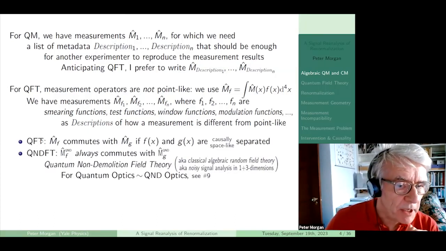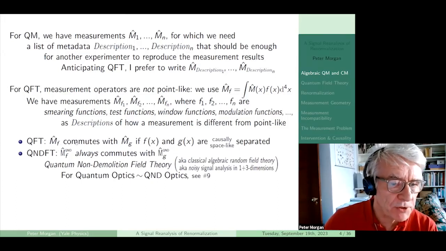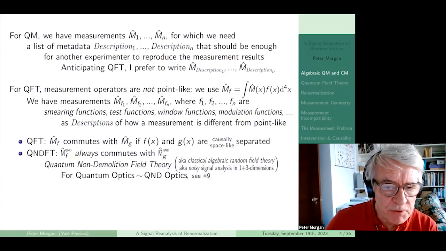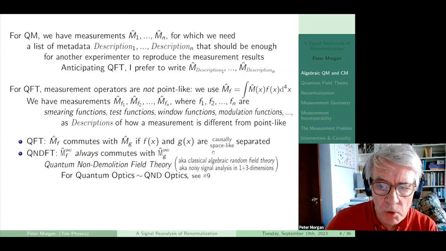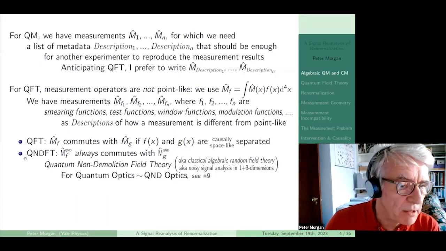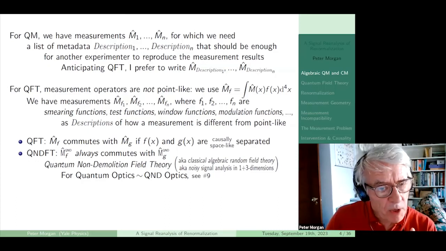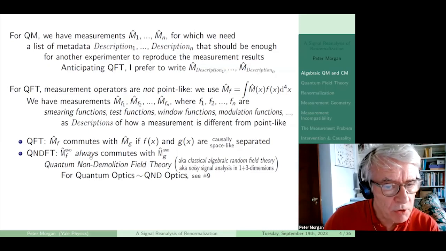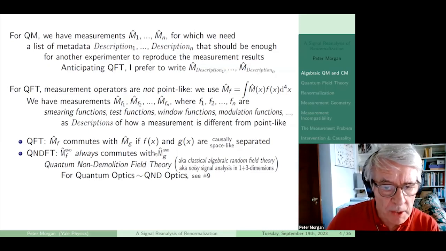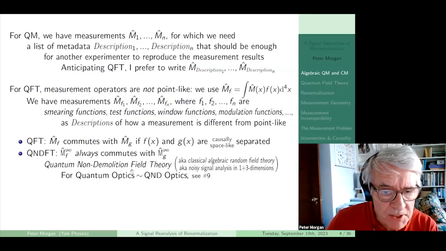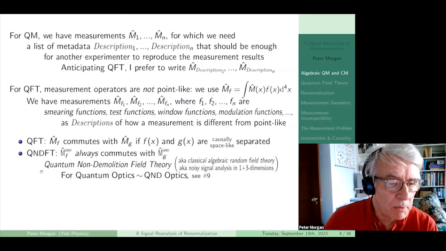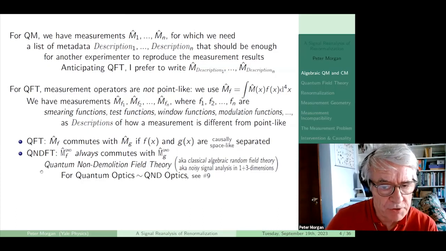So for quantum field theory, we require that F measurements must commute with G measurements if the supports of those test functions are causally or space-like separated. Whereas we can also think of what I'm going to call a quantum non-demolition field theory, where an F QND measurement always commutes with a G QND measurement. And I'm adopting this language of quantum non-demolition from the quantum computing and quantum measurement theory literatures.